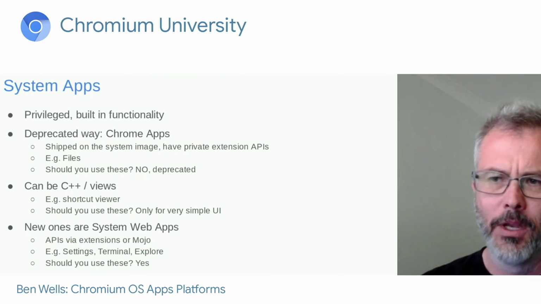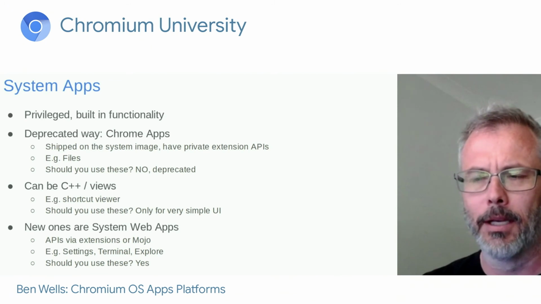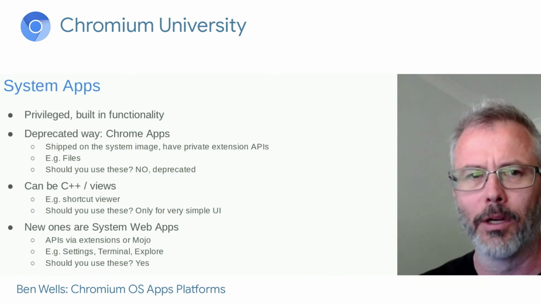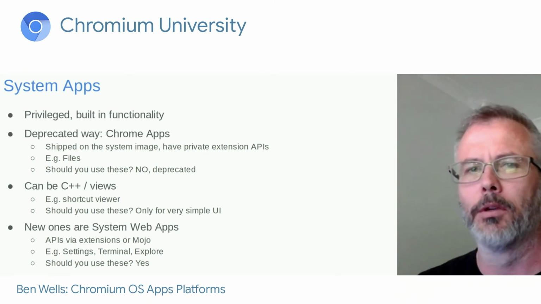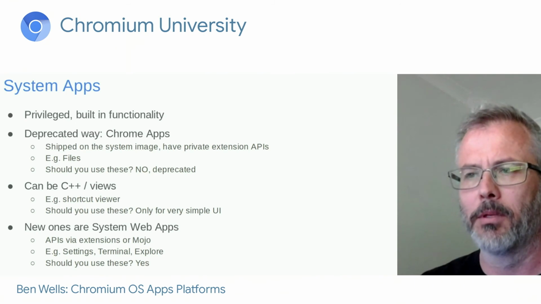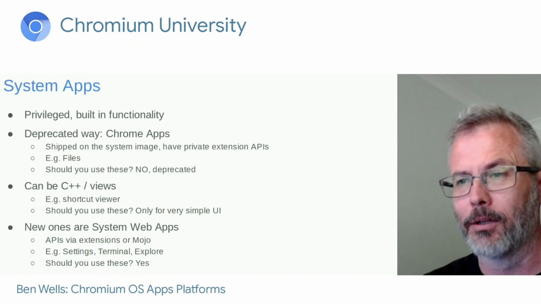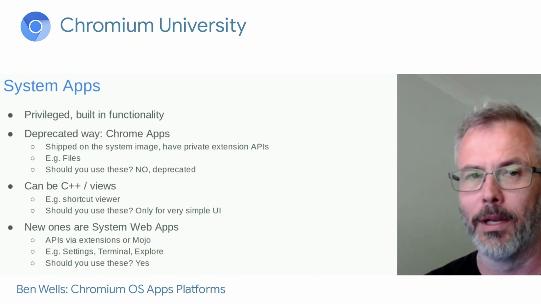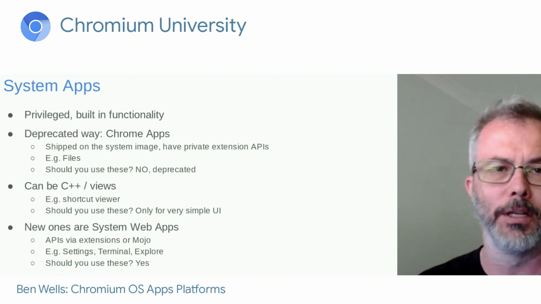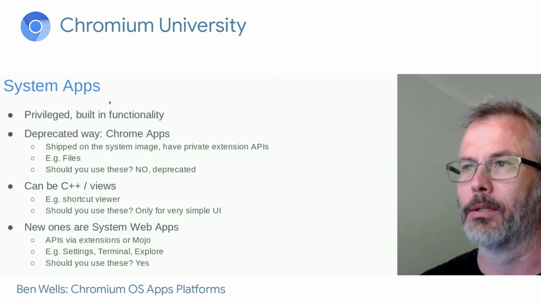You can learn more details later today. There's a talk from one of my colleagues, Gio, who's going through some of the details of system web apps. This is totally recommended technology, and this is the preferred way if you want to bring a new app providing system functionality to Chrome OS.